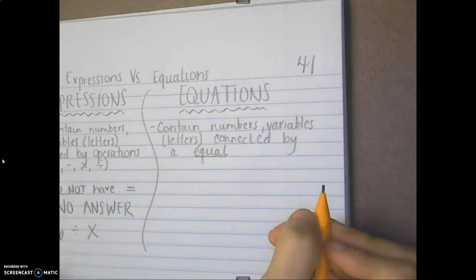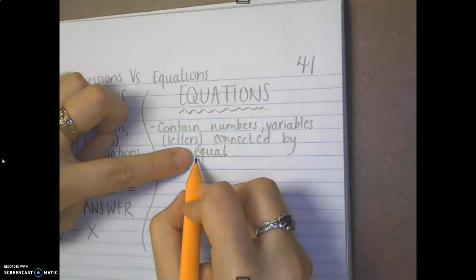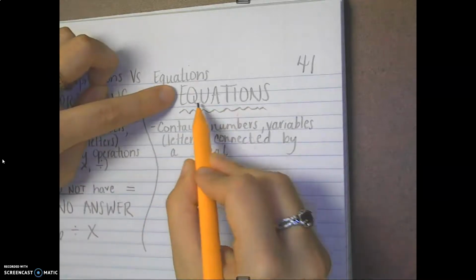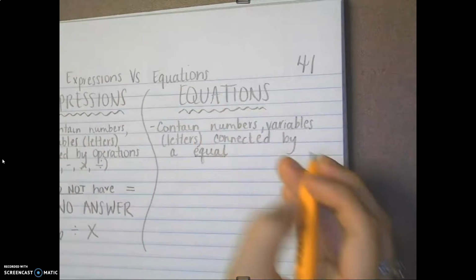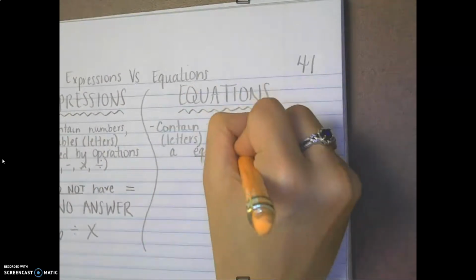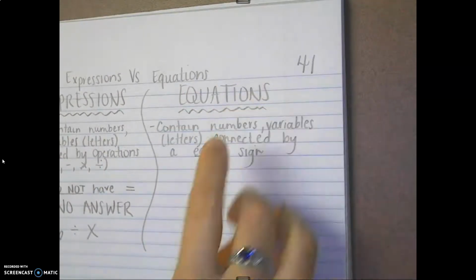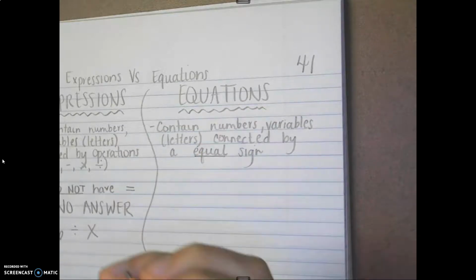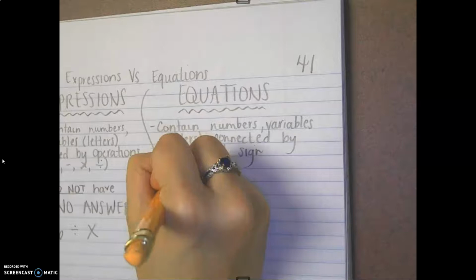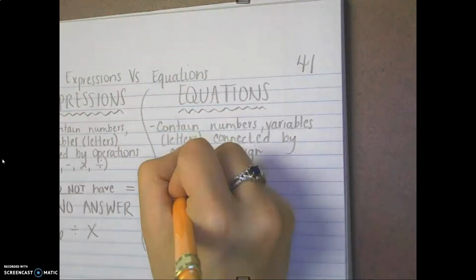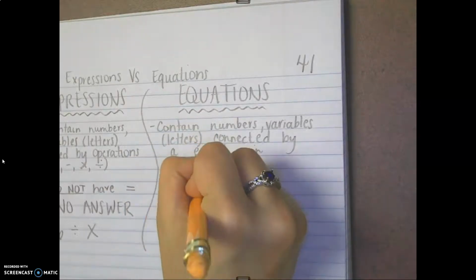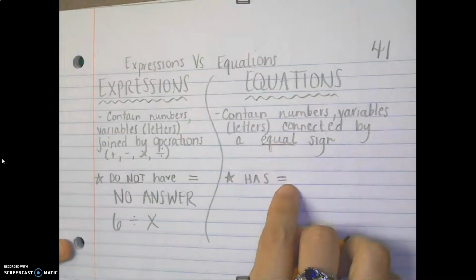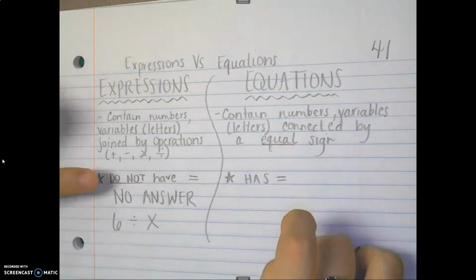And notice how the word equal starts off with the same letters as equation. EQUA, EQUA. So that is one way to remember that if it has an equal sign, that means it is an equation. So star, this is important, has an equal sign. So equations have equal signs, expressions do not.